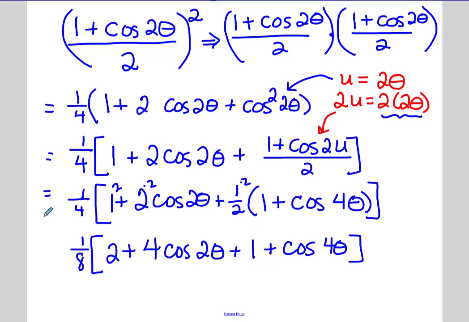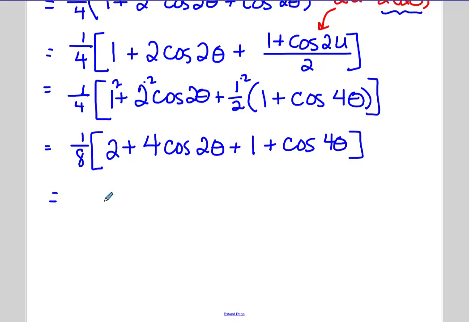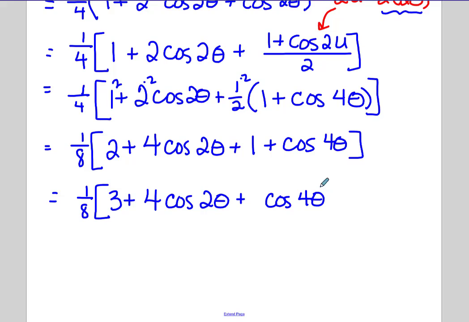So we've taken all the fractions out to the front, and cleaning that up by collecting like terms, it looks like 1/8 times 3 plus 4 cosine 2 theta plus cosine 4 theta.